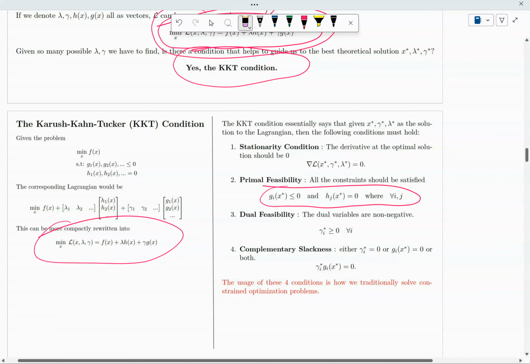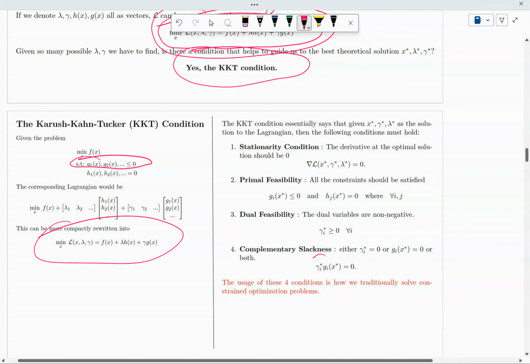And then you have the dual feasibility. It says that for all the inequality constraints, the multiplier value must be greater than or equal to zero. You can't have a negative here. It always has to be a positive value or zero. That's called the dual feasibility. And the last one is called complementary slackness. G, remember, is the inequality constraint.